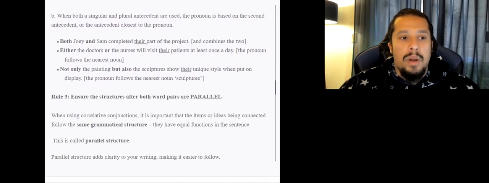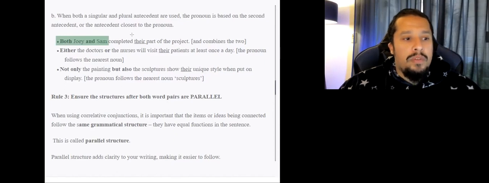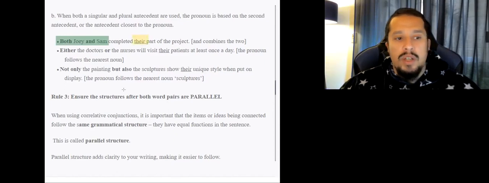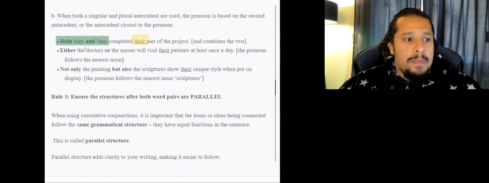Look at example number 1. Both Joey and Sam, right? So احنا قلنا both and ده كده كده بياخد ايه؟ Plural form, right? They're part of the project. Okay? But look at this one. Either the doctors or the nurses will visit their patient.